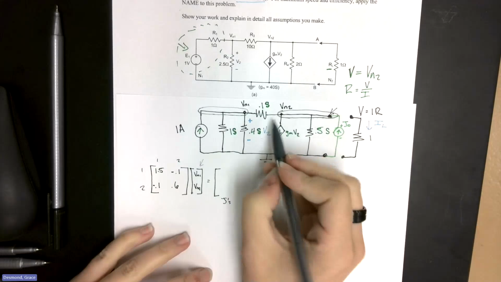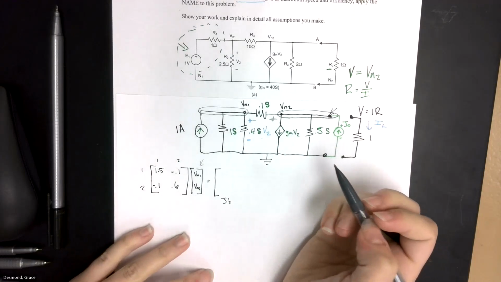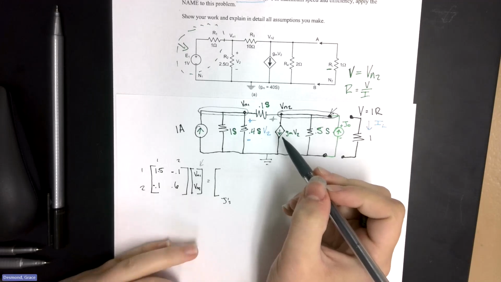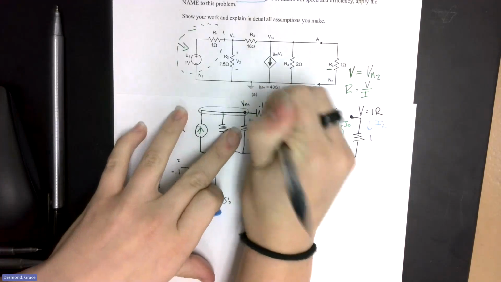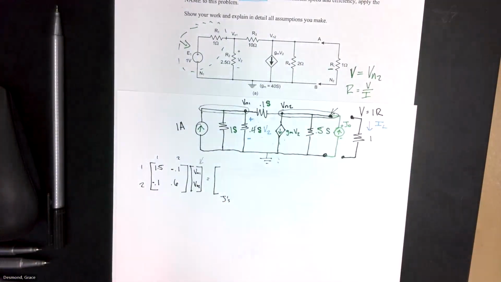That would be the voltage from here to here. It's just VN1, because we're subtracting from the ground, right? Exactly. It is just VN1.